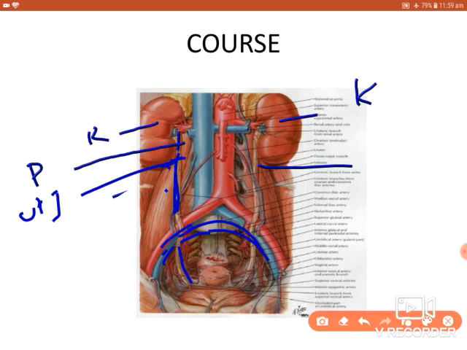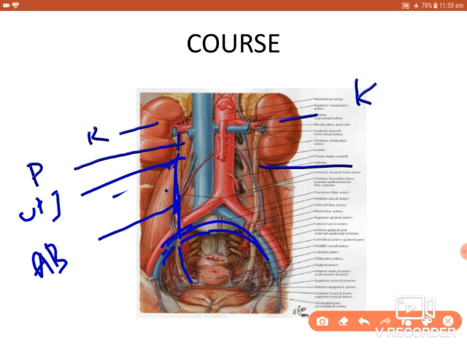That is the level of the pelvic brim. Behind that is the sacroiliac joint. From the uretero-pelvic junction to the pelvic brim, this part is the abdominal part of the ureter.